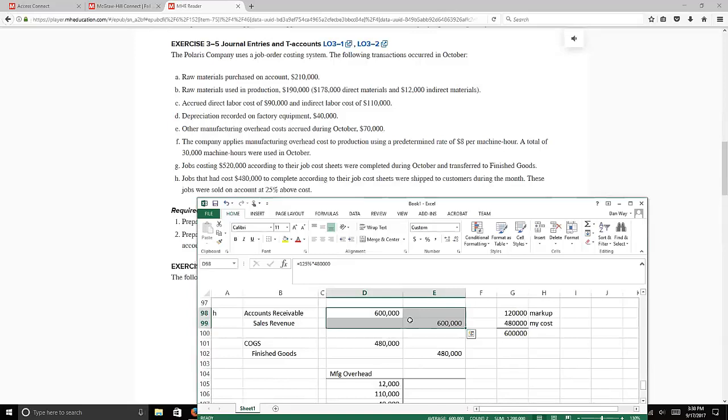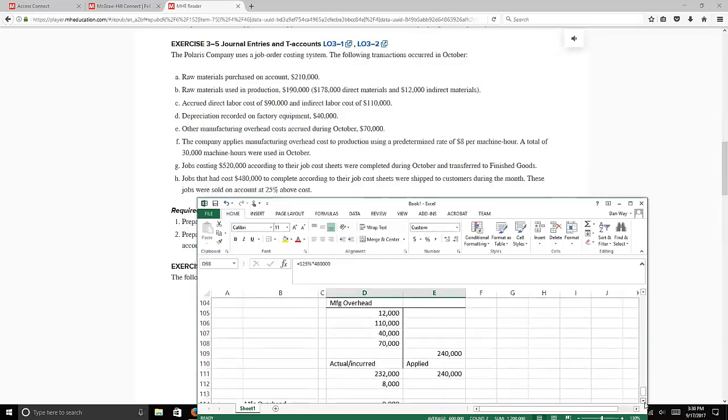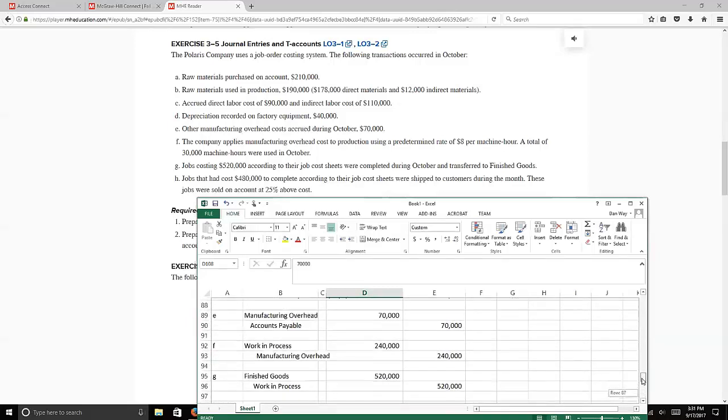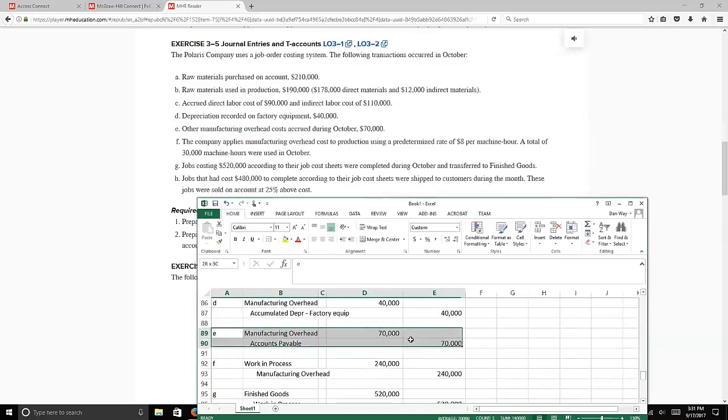In that manufacturing overhead example to the bottom, where'd you get that 70,000 from in D108? 70,000 was letter E. The other manufacturing overhead costs accrued during October. So we had booked this entry here for 70,000 to overhead and 70,000 to accounts payable. And that's where that came from.